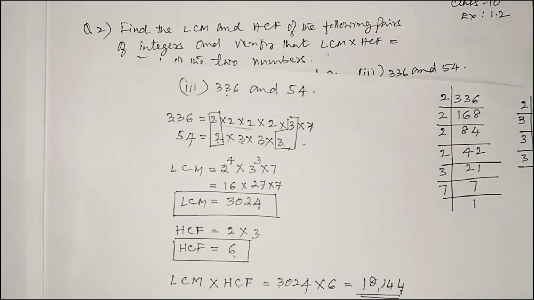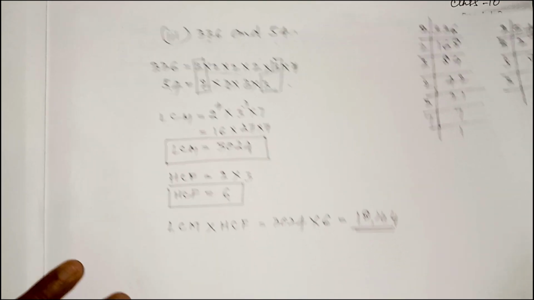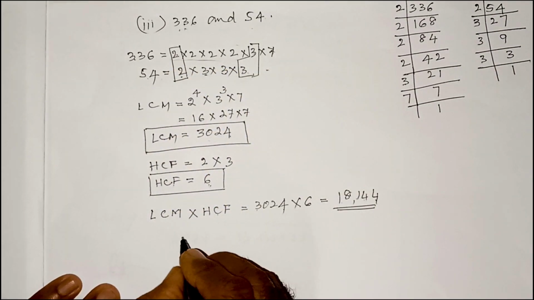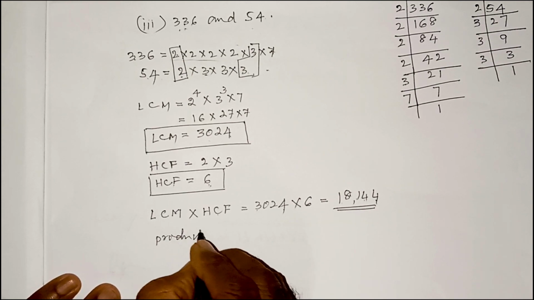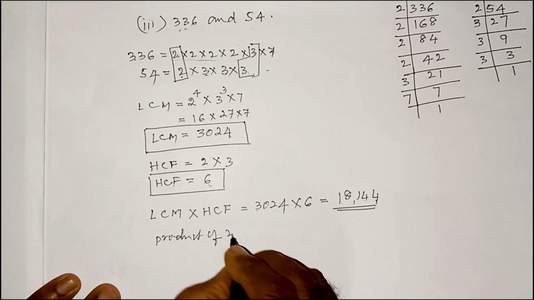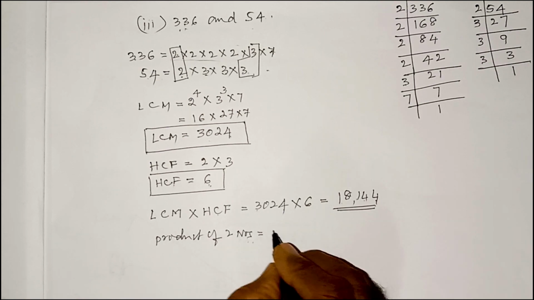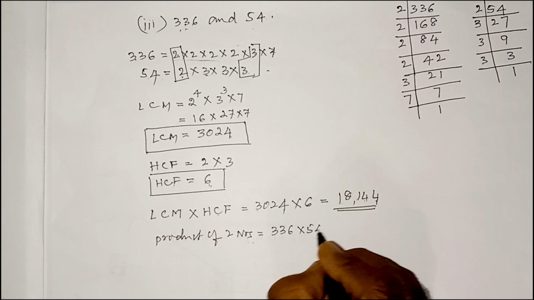Now the question says the product of the two numbers. Which are those two numbers? 336 and 54. So you multiply. The product of the two numbers is equal to 336 into 54.